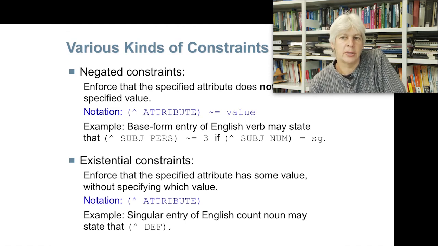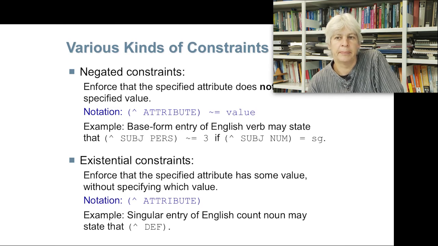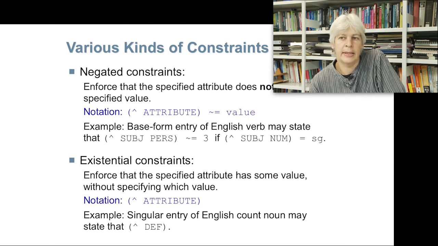Then existential constraints. This says that we have a certain attribute we want this attribute to exist. We need this attribute to exist, but we don't know what the value is. Okay, and a good example for that is that count nouns may, in their singular version, they will say that they will need a def attribute, for example.